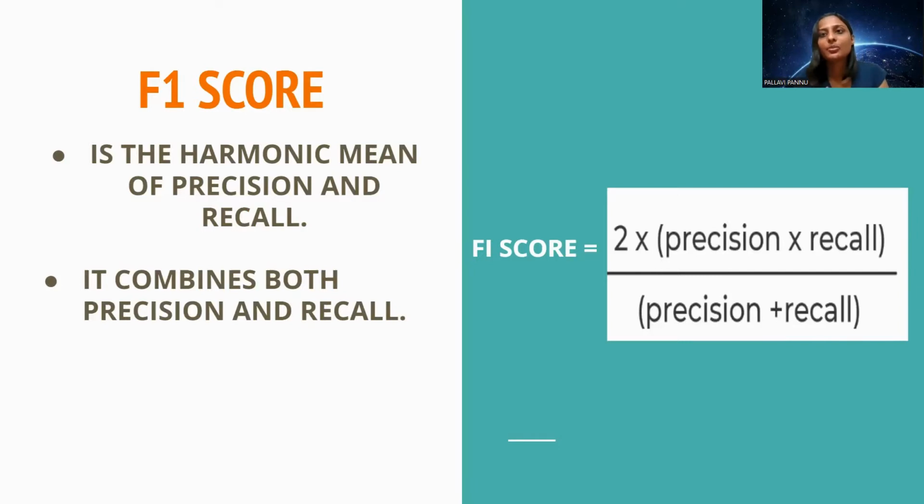But when your F1 score is low, you cannot say anything, like whether your precision was less or your recall was less. We cannot comment on anything. But when your F1 score is high, an F1 score of 1 is best and 0 is worst. So an F1 score of 1 means it has a good balance between precision and recall.